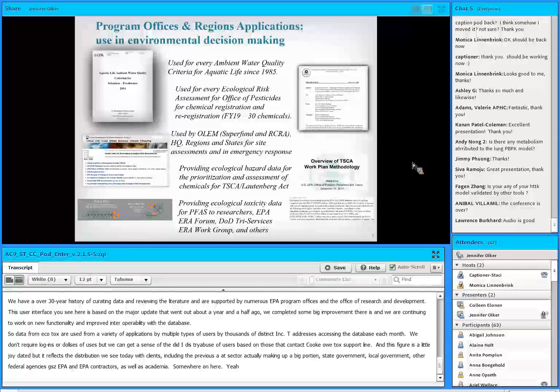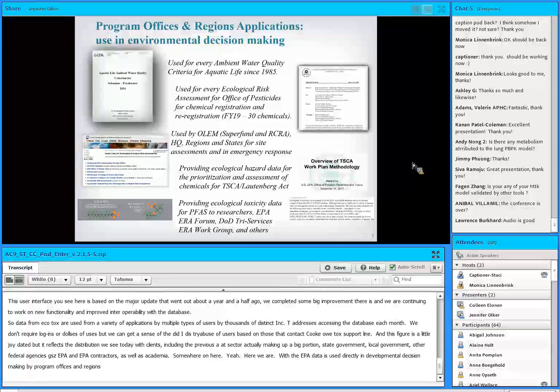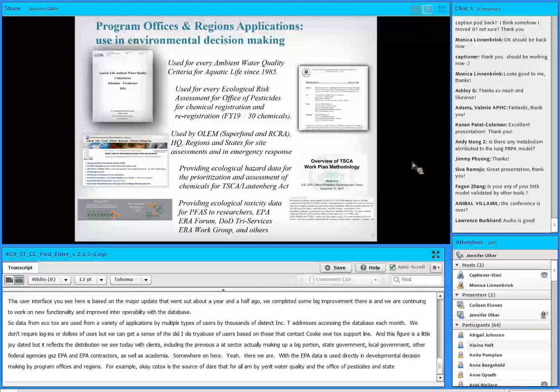Within the EPA, data from the ECOTOX knowledge base is used directly in environmental decision-making by program offices and regions. For example, ECOTOX is the source of data for all ambient water quality criteria since 1985, and the Office of Pesticides and Ecological Fate and Effects Division uses ECOTOX as the source for data for all ecological assessments.